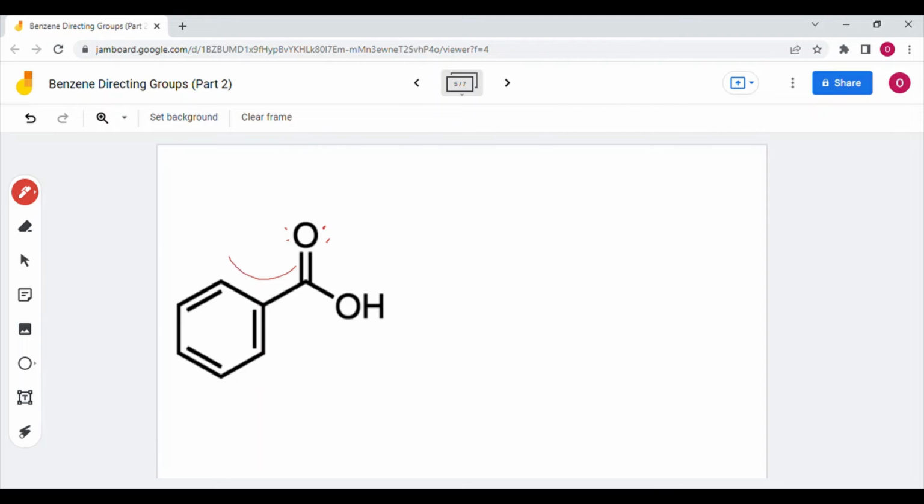More specifically, this electron can go onto the oxygen, thus forming this resonance. So as you can see, this carbon is in the intermediate between both positive and neutral charge. Because of that, this central carbon is partially positive, and that's usually indicated by this kind of signal.